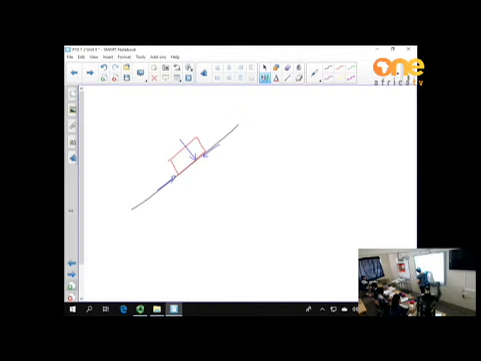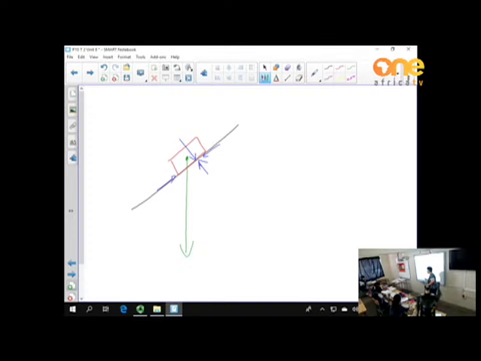Yes, there is a force perpendicular to the surface and the surface has a force back on it. But weight is a force that works from the center of the object vertically down. No matter where you are.